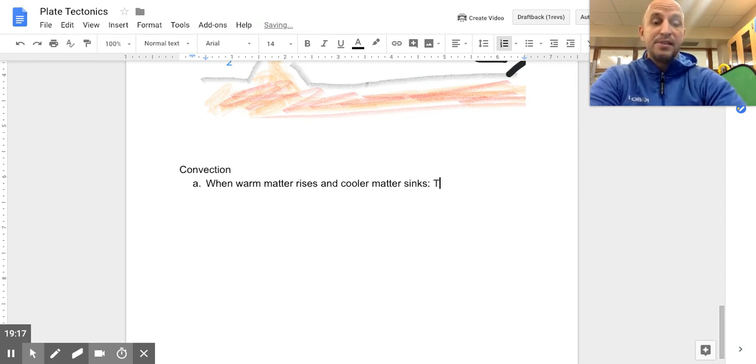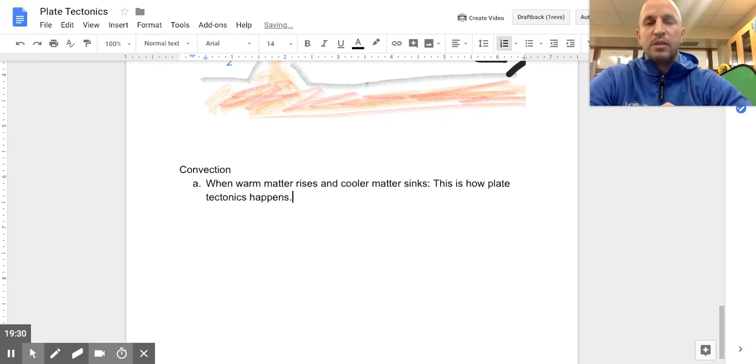This is how the plates move. This is how plate tectonics happens. Just add that to the end of your notes, okay? So when warm matter rises and cooler matter sinks, this is how plate tectonics happens. Okay, so these are in the notes.